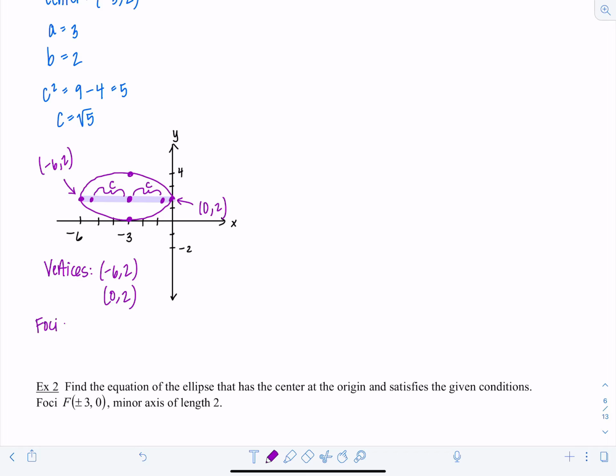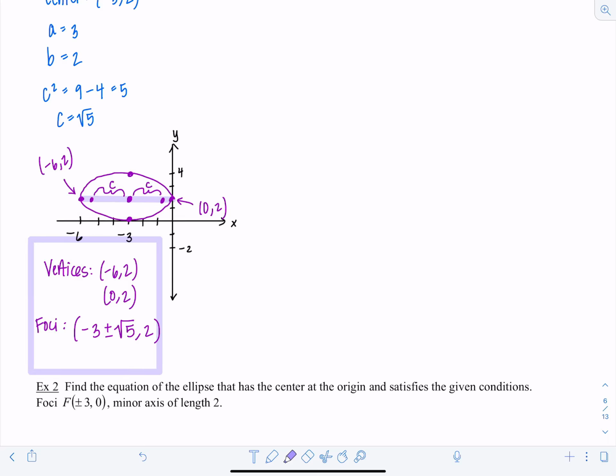Take the x coordinate of the center, which is -3, and then add or subtract c, which is rad 5. Keep the y coordinate the same. And that's it. Those are the vertices and the foci. Oh, that's not good. Let's box it in highlighter. Looks nice. Okay. Good.